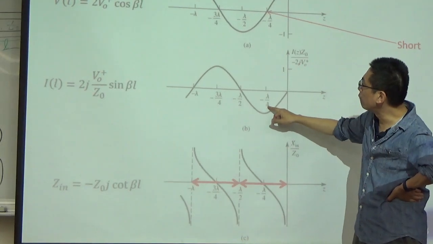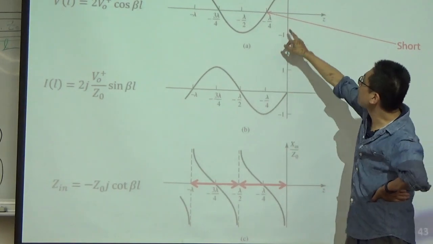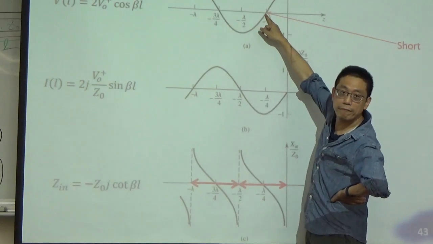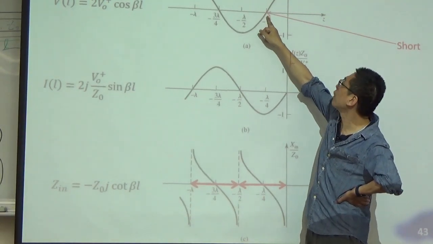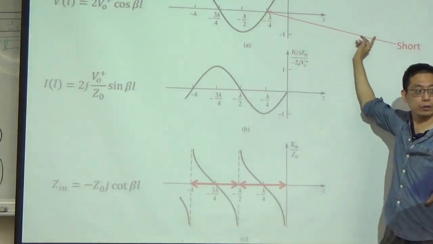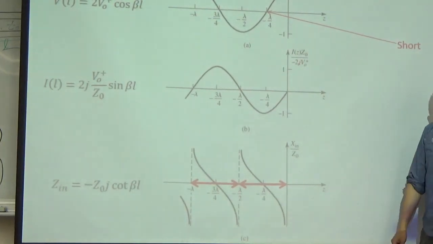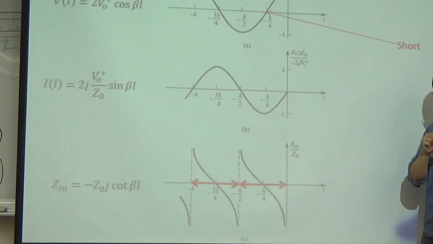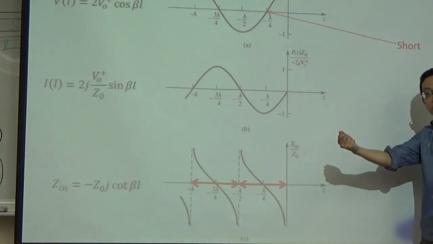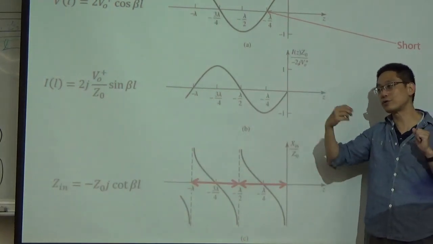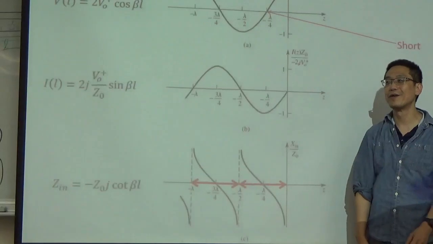After a quarter wavelength, you will find out that the voltage becomes 0. So at this point, it is short. Okay. So what can we observe? Open becomes short, short becomes open, open short, open short, repeating.